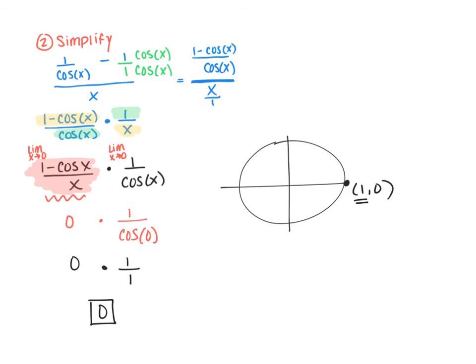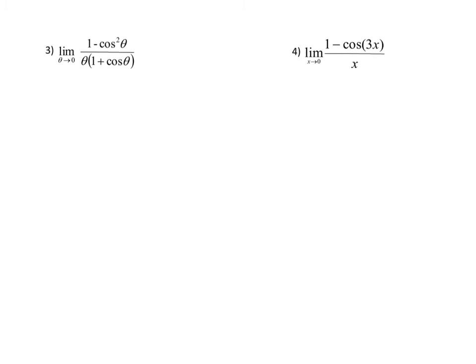All right, let's try another one. So problem number 3, we're going to do direct substitution first. So I'm going to go ahead and plug that in. So step 1. So 1 minus, now remember, cosine squared theta is the same thing as saying cosine of theta, that whole thing squared.